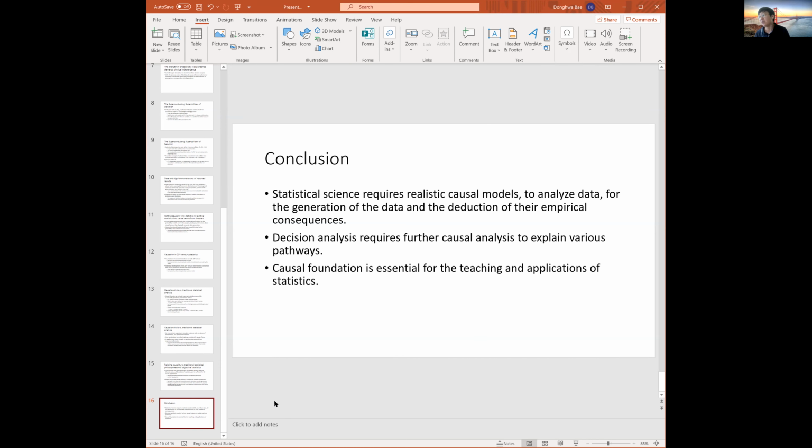So causal foundation is essential for teaching and application of statistics. So basically, what the author wants to say is that causal theory is very important for statistics, and we have to think about that part always, especially for the application of statistics to real world data.